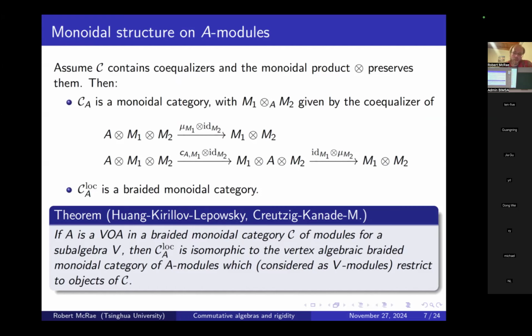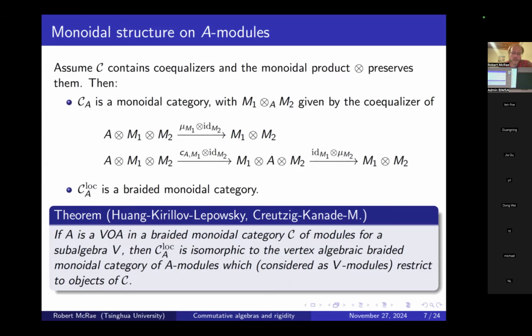So if you have a vertex operator algebra V and a braided monoidal category C of V modules, and A is a vertex operator algebra extension of V that lives in this category, then this C_A local braided monoidal category is isomorphic to the vertex algebraic braided monoidal category of A modules that you would get just by considering certain objects of C as A modules.